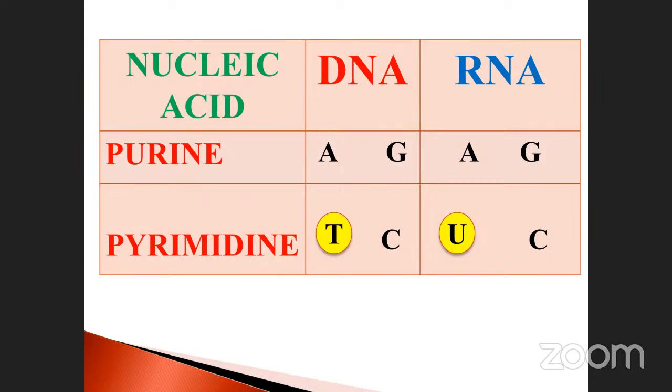But among pyrimidines, thymine and cytosine: adenine always combines with thymine with the help of a hydrogen bond, a double bond here. Guanine combines with cytosine with a triple hydrogen bond.